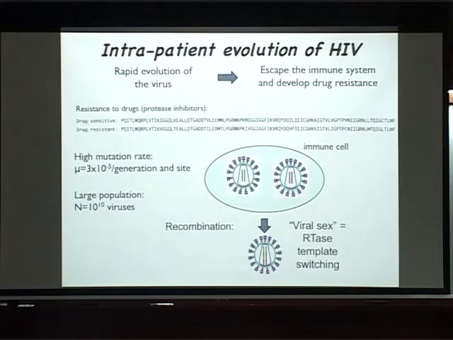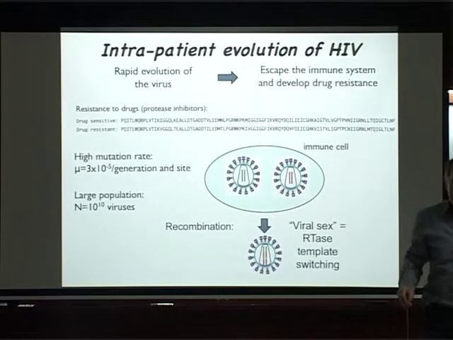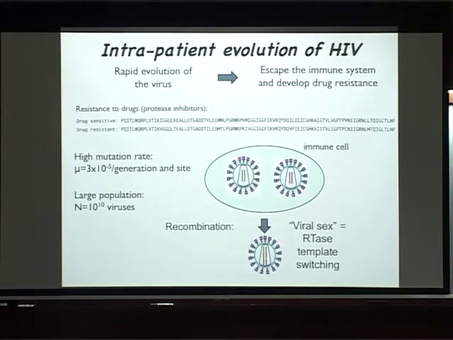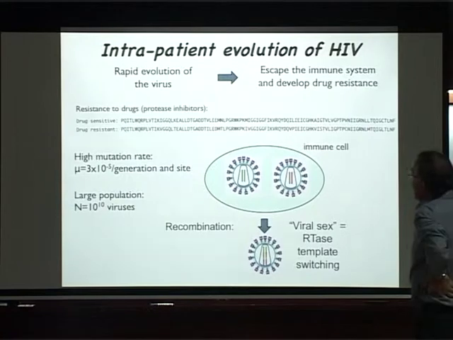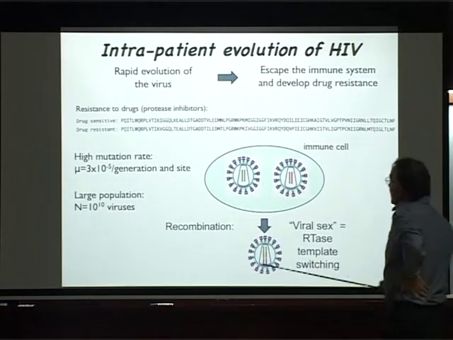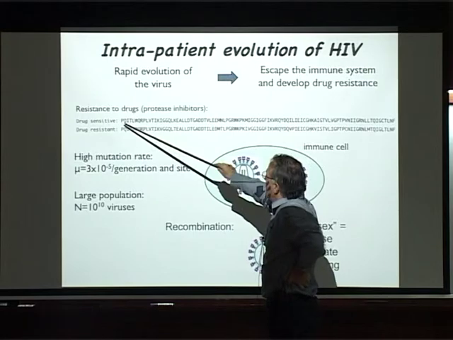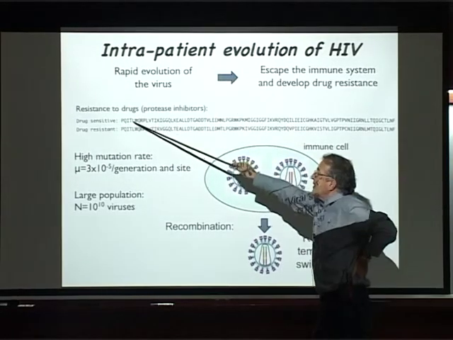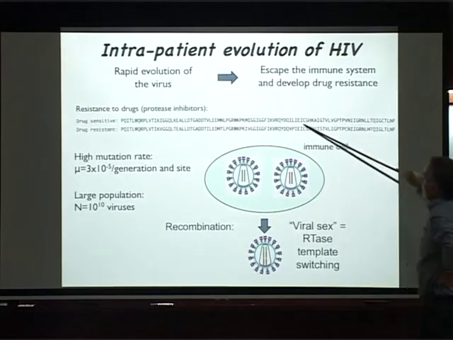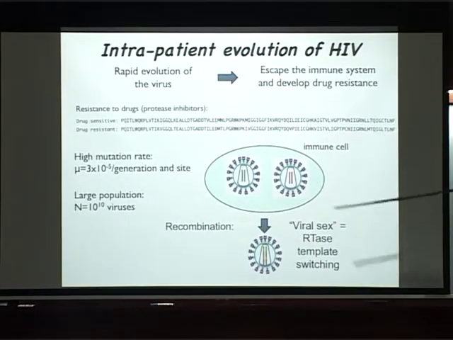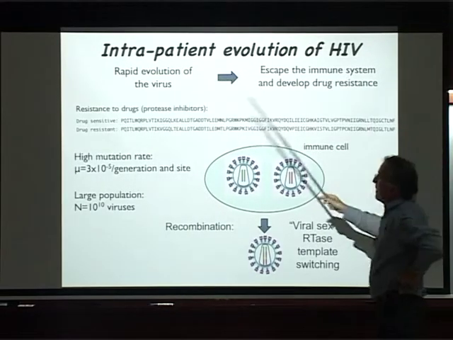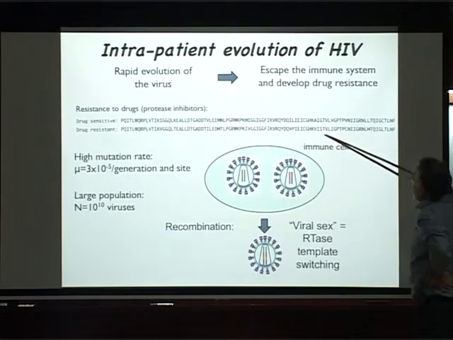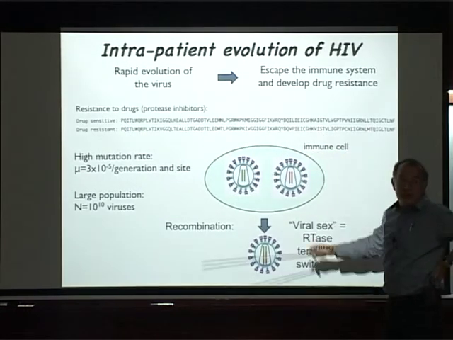Okay. So now that there is drug treatment, of course, the problem is that HIV very rapidly evolves drug resistance. And here, just for laughs, I printed out the actual amino acid sequence of the protease gene, which is the target of one of the drugs. And this is the sequence of the same gene from a drug-resistant strain.